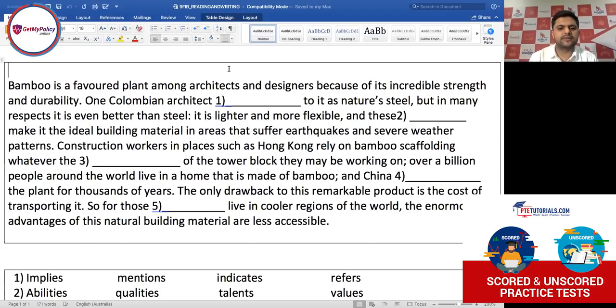Okay, now before we start reading and solving this, I want all of you to understand that it is very important to have a look at the punctuation, specifically in this type of fill in the blanks.